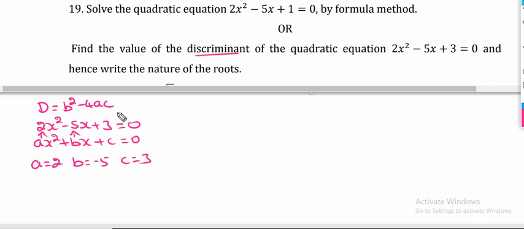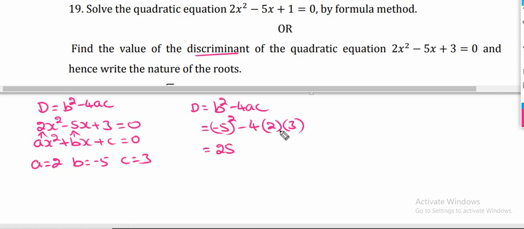So for finding b square minus 4ac, we have to take this one. d is equal to discriminant is equal to b square minus 4ac. So substituting the values, minus 5 whole square minus 4 into a means 2 into c means 3, that is equal to minus 5 square is 25, and here we have to multiply all these. 4 2s are 8, 8 3s are 24, so that gives you value 1.